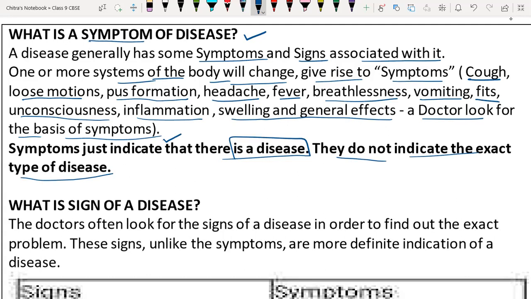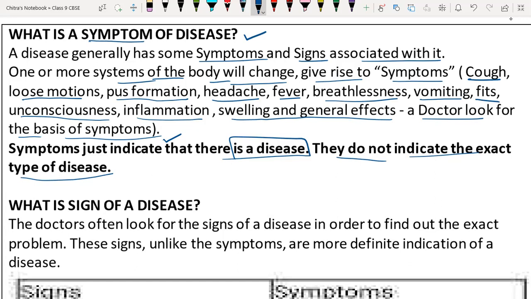Like headache and fever are common for most diseases. So by identifying only symptoms, we cannot identify whether a particular disease is present or not. That's why the doctor performs blood tests and urine tests for identification of diseases.